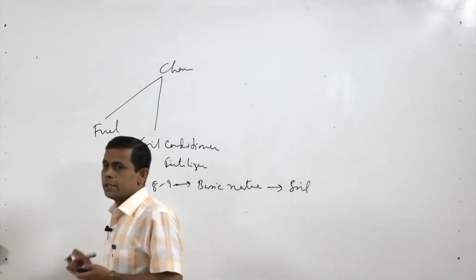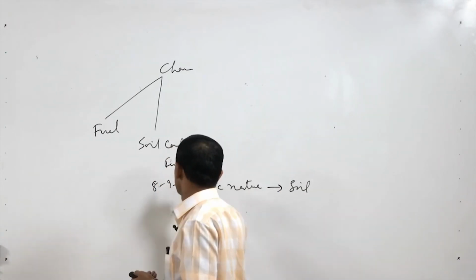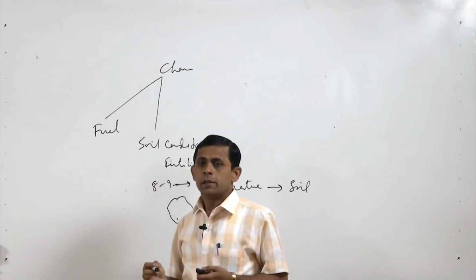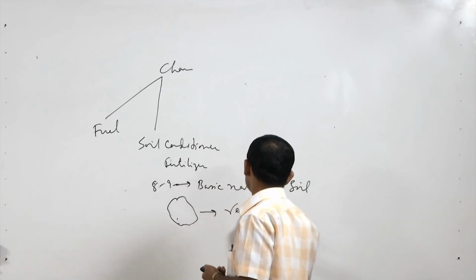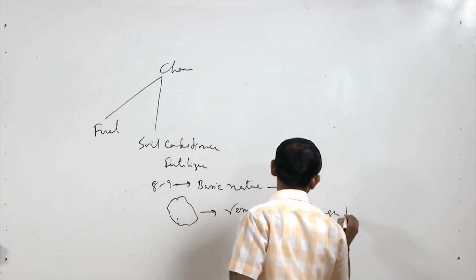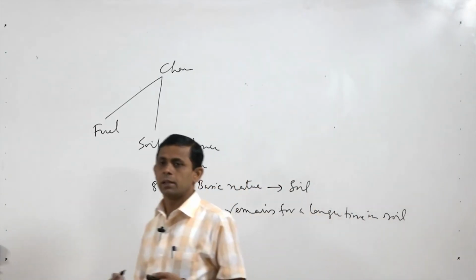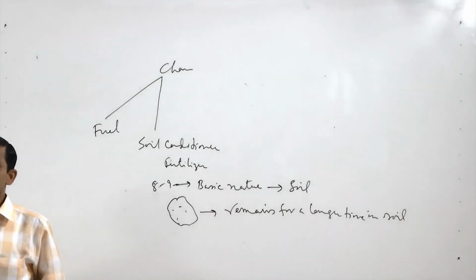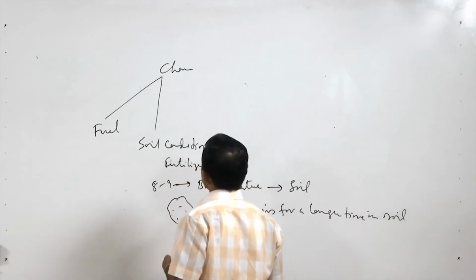Second, this contains carbon and is porous in nature. So, highly porous carbon is present in this char, and this porous carbon remains for a longer time in soil. As a result, it helps the diffusion of oxygen into the soil. So, that way it helps as soil conditioning.